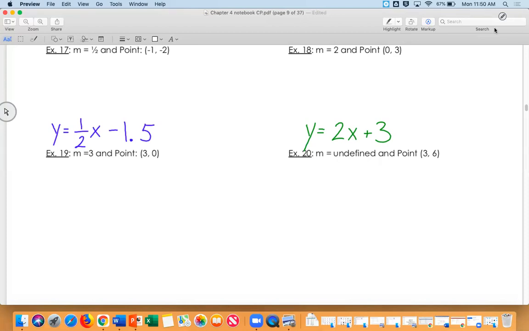I was thinking to myself that I want to write it as negative 3/2, negative 1.5.